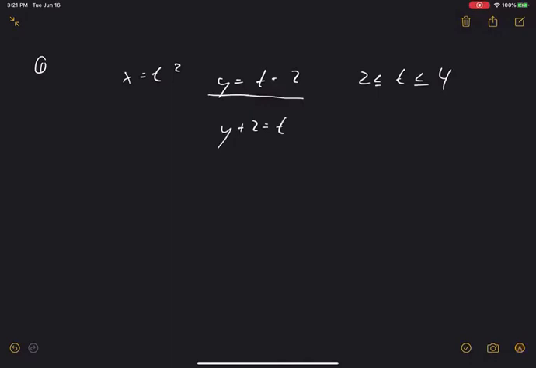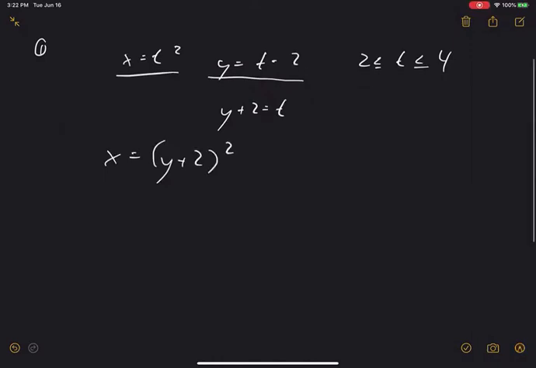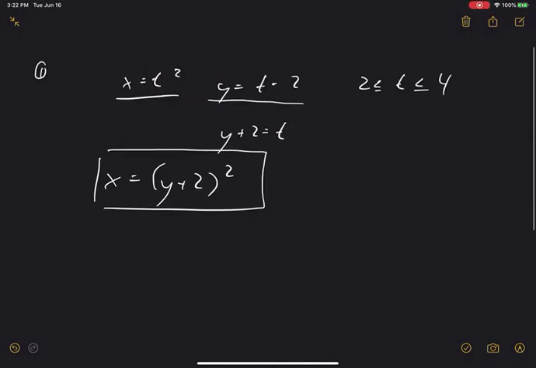Then I take this value for t and plug it into this equation, and I get x equals (y plus 2) squared. So that's my rectangular equation. Number one also asks for bounds on x.